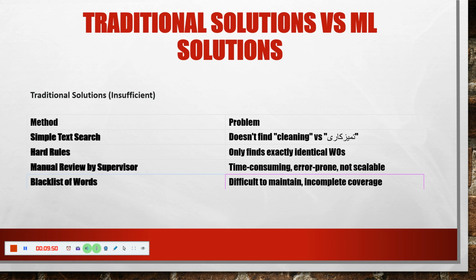For example, simple text searching doesn't find a term called differently, such as in a multilingual setting. Manual review by a supervisor is not scalable, and a blacklist of words has incomplete coverage.